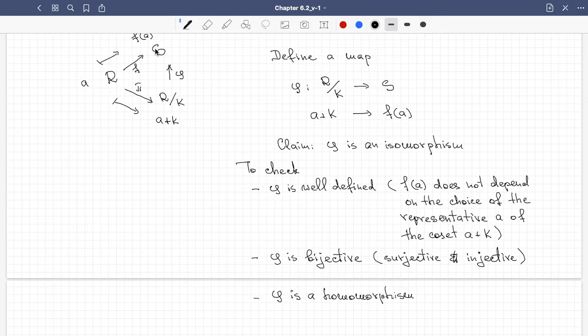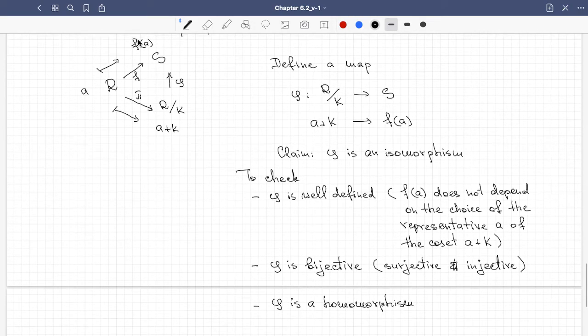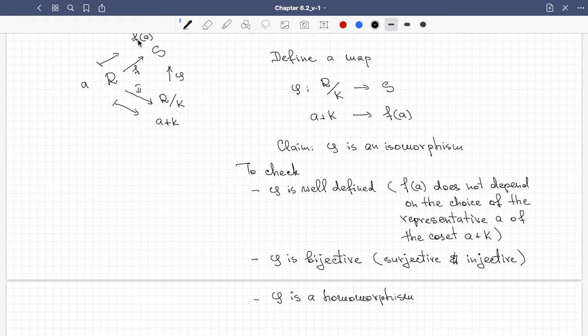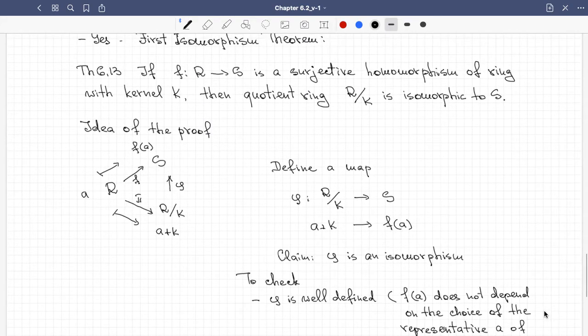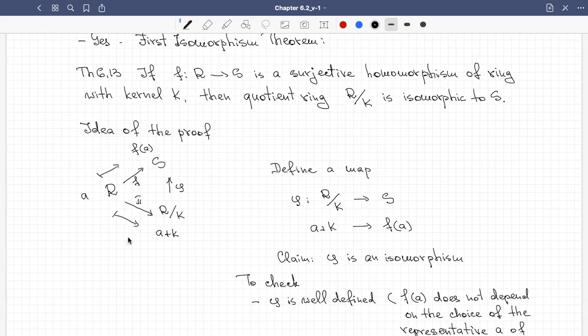Since f is a homomorphism, the sum of images is the image of the sum. Not a difficult task at all. If my brief remarks are not very clear, you can look up the details in the book. This is the outline of the proof, which is given in the book quite clearly. And the question of uniqueness is also addressed there.